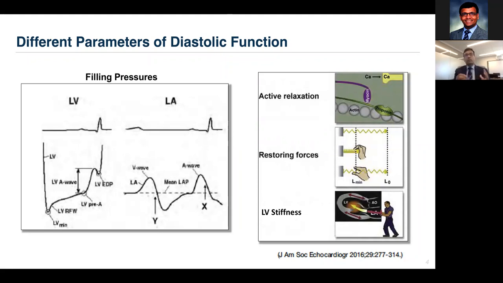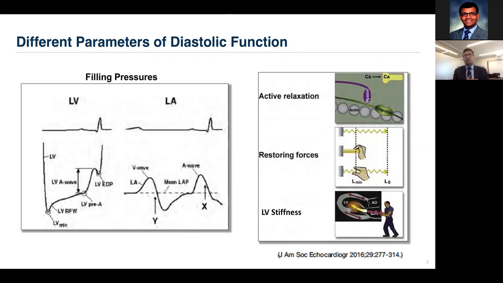These restoring forces also create suction, and that suction is responsible for the flow to be subsequently established across the transmitral filling patterns. Then you also have an intrinsic stiffness of the myocardium that resists expansion.